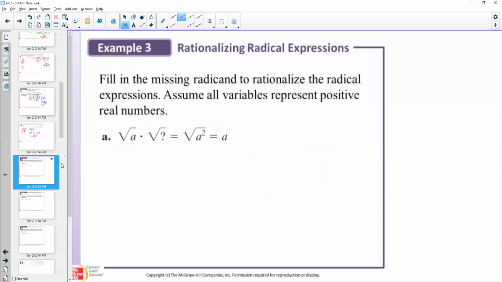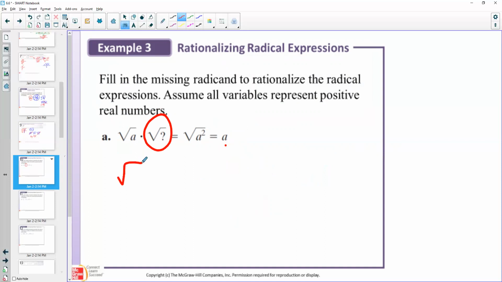All right, let's try something else. This is another way to think about this. So fill in the missing radicand to rationalize the radical expression. Sounds like gibberish. Basically what we're going to do here is figure out what needs to go here so that I can just get to a, because I want to square root an a squared. So if I have a times radical a, what gets me a squared?